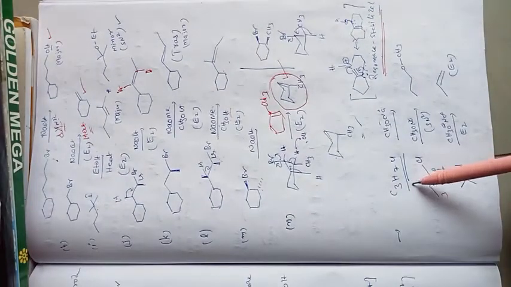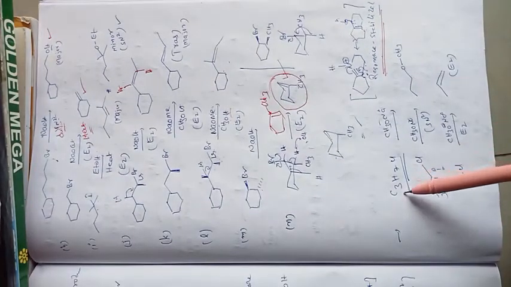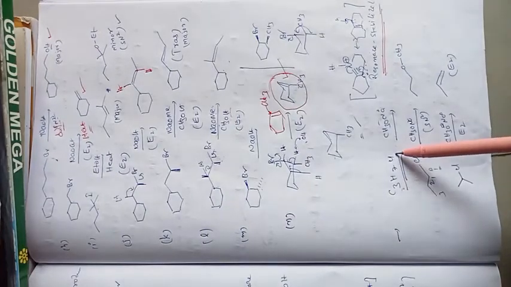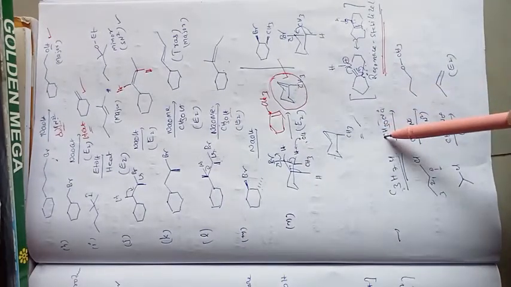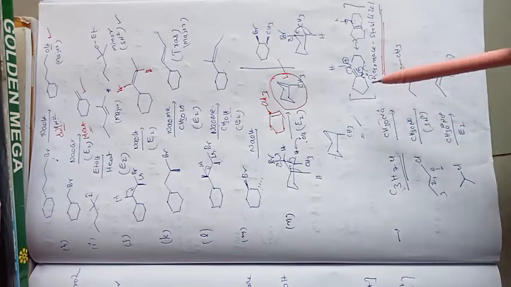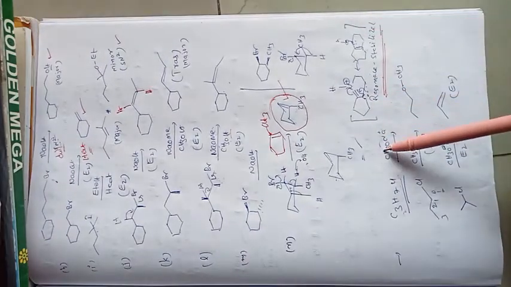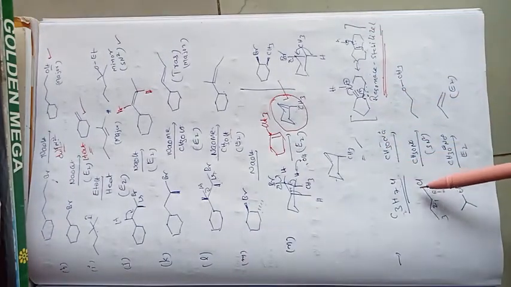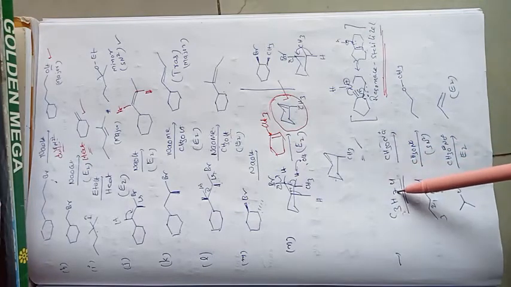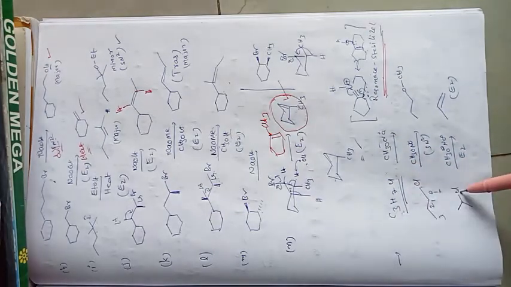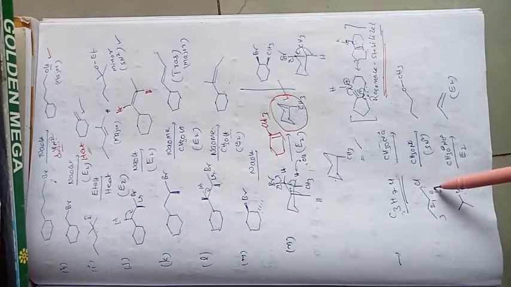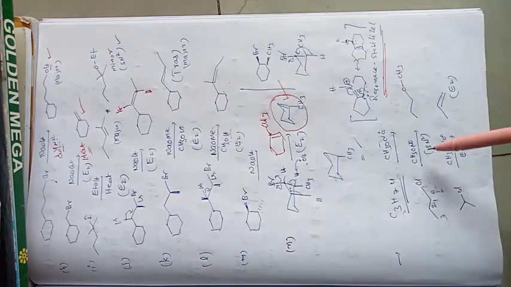You can see here, for the question, the molecular formula is C3H7Cl in the presence of sodium methoxide. So what is the product? Because it is a strong base, the molecular formula is the same but there are constitutional isomers: 1-chloropropane and 2-chloropropane.